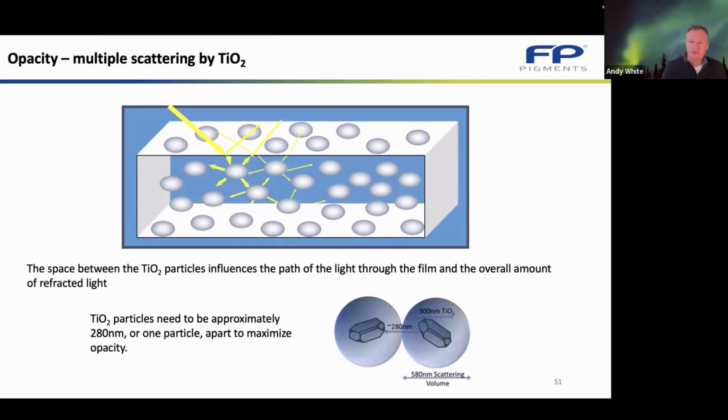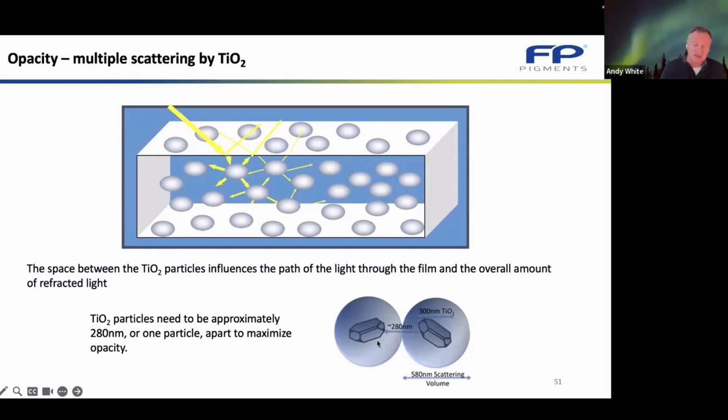But also, when you're thinking about this multiple scattering event, where the particles are in relation to each other is also important. If all the titanium dioxide particles are flocculated or stuck together, they're not going to scatter light as efficiently as those that are evenly distributed within the paint.